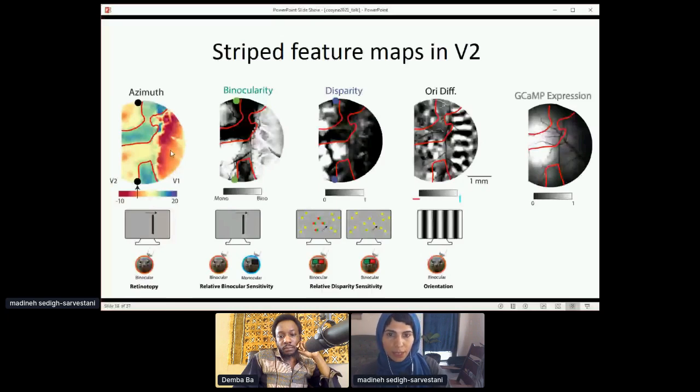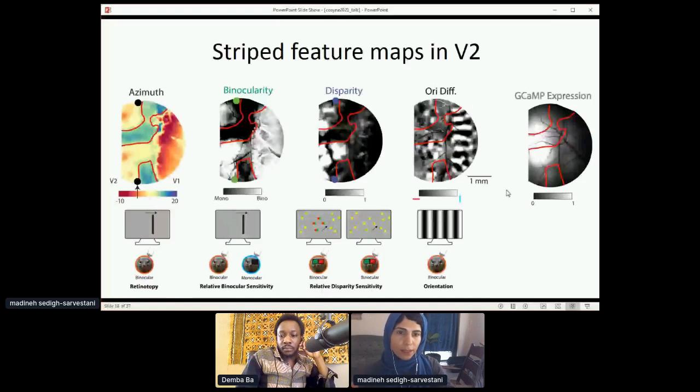So when you put these together, you can see that the central parts of the map have different functional properties than the peripheral parts. So these two, the binocularity and disparity, make sense, or are consistent with the pattern of callosal projections. The orientation is a little harder to explain.